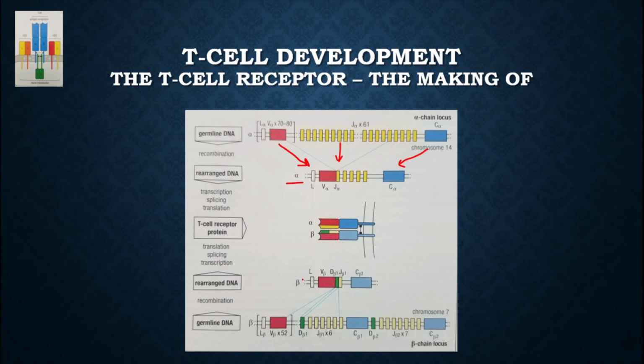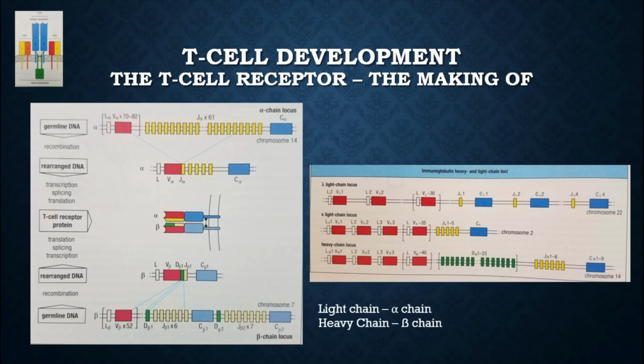Likewise, you combine a series of V regions, D regions, and J regions to get your beta chain. You can think of this, which is how I do it, as the light chain being the equivalent of the alpha chain in the antibody, with each having fewer genetic regions, and the heavy chain being the corollary to the beta chain. Does that make sense?